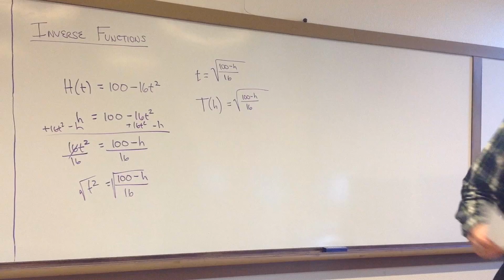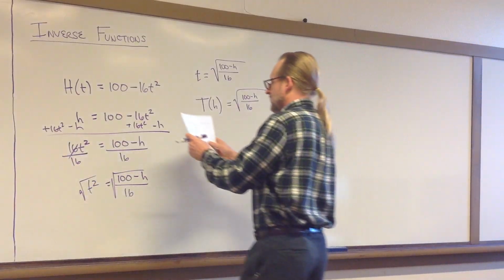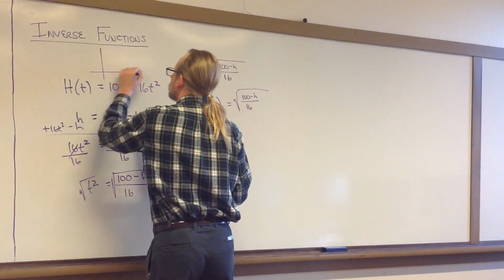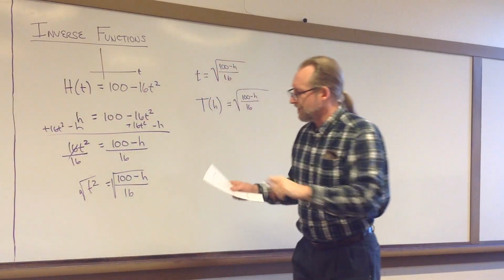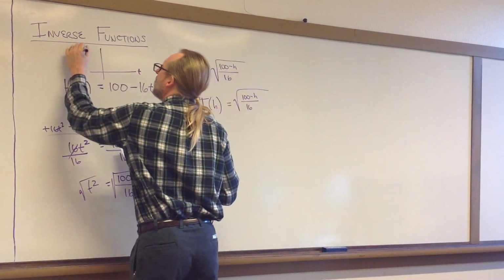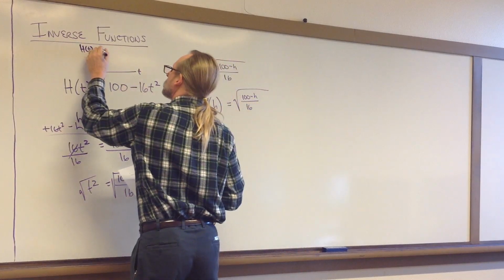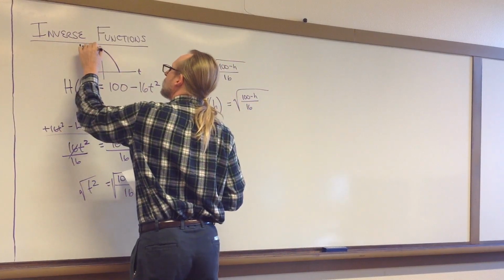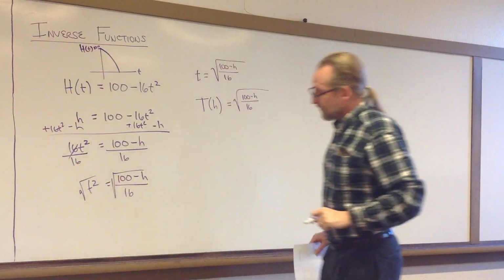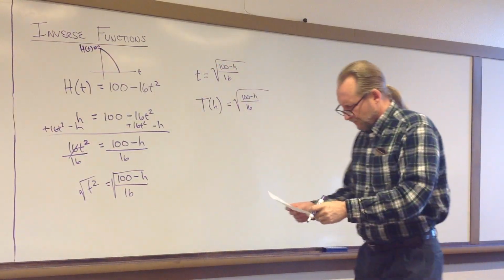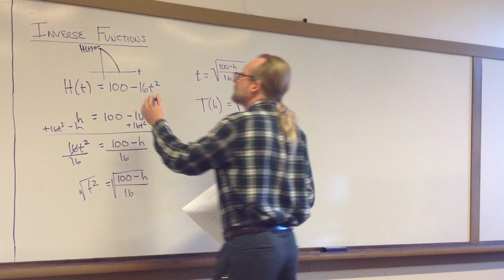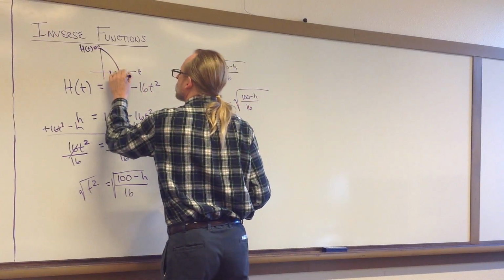And in the textbook, I show you the graphs for these. Let's see, this one here. You've got the t is the independent variable, and then h of t is the dependent variable, and it looks something like this, right? It's 100 feet off the ground at t equals 0, hits the ground somewhere between 2 and 3 seconds.